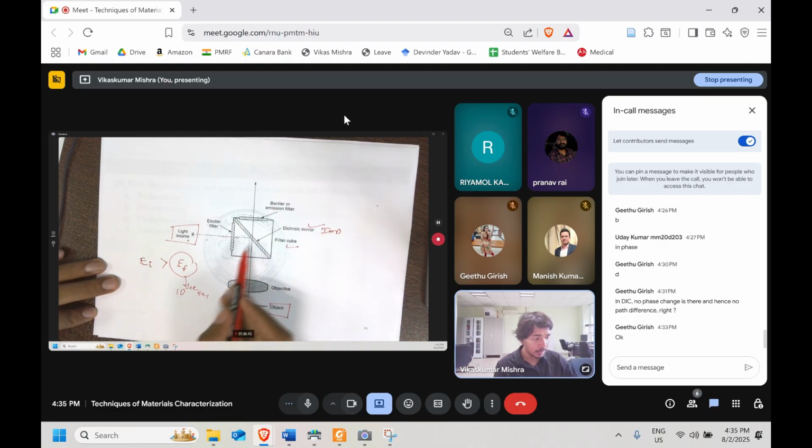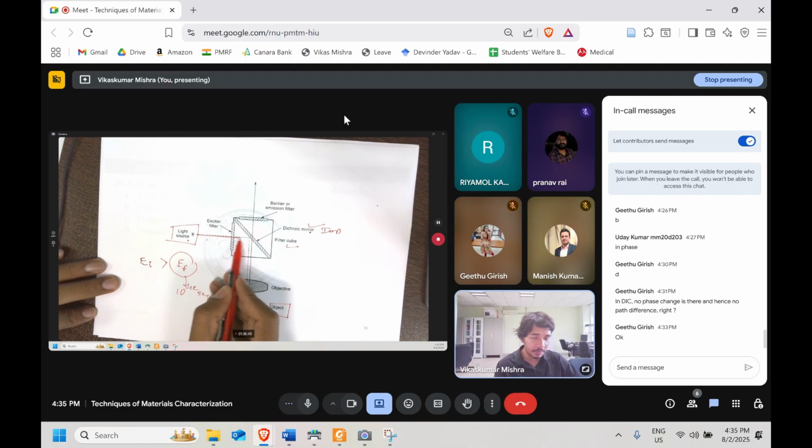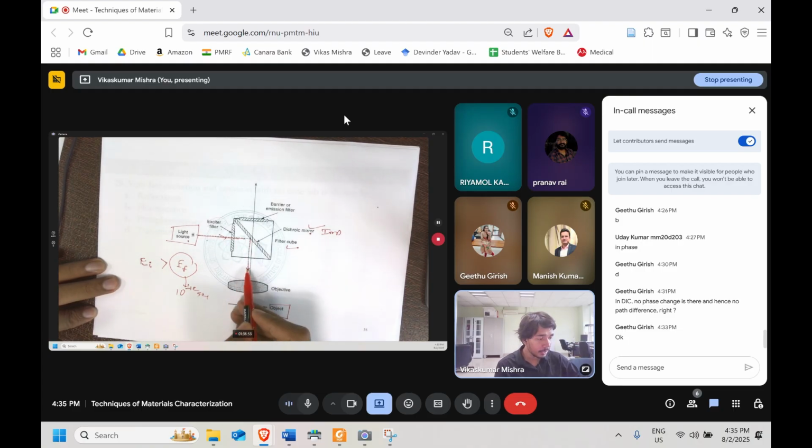The way it behaves with the incident wave, it is reflecting it. This incident wave goes through the objective lens to the specimen. The specimen absorbs the radiation and is now emitting it.